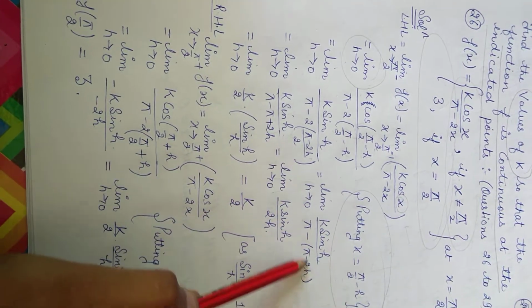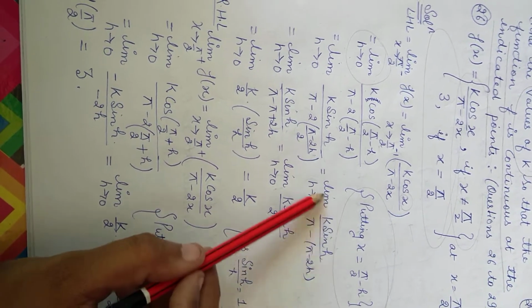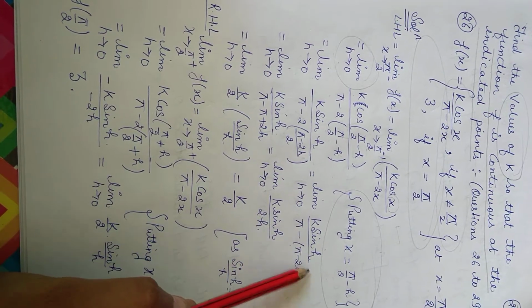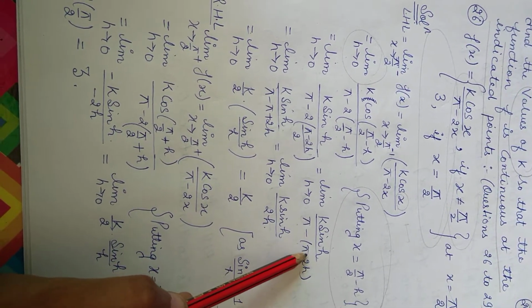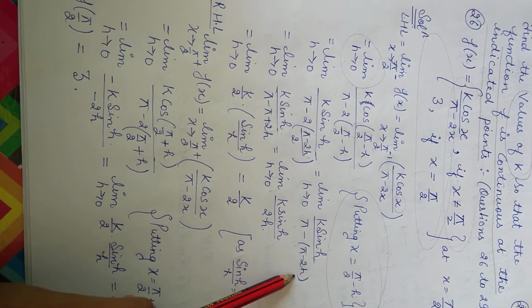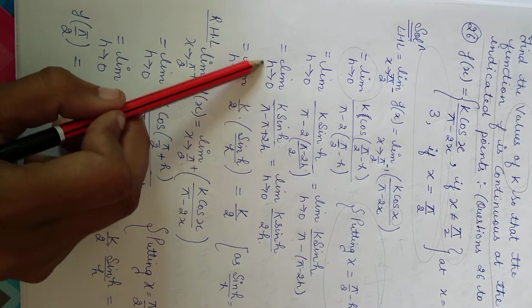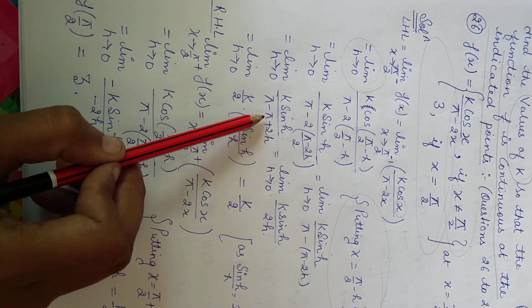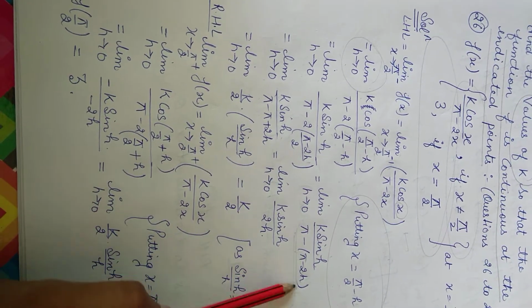And बच्चा, in next step this 2 will cancel out by 2, so I will get the value limit of h tends to 0, k of sin h upon pi minus (pi minus 2h) in the bracket. When I will open the bracket, I will get limit of h tends to 0 k sin h upon pi minus pi plus 2h. Why beta? Because I have opened the bracket over here.